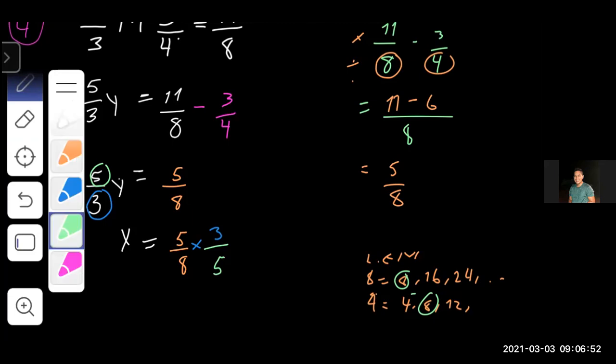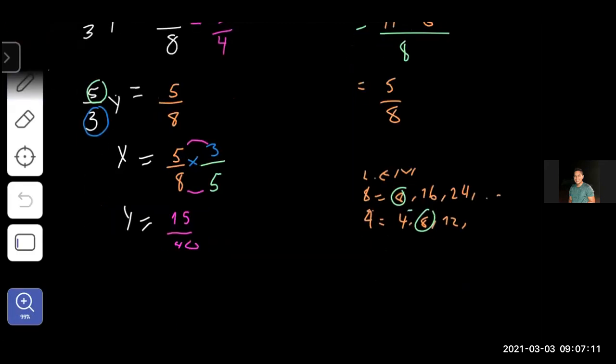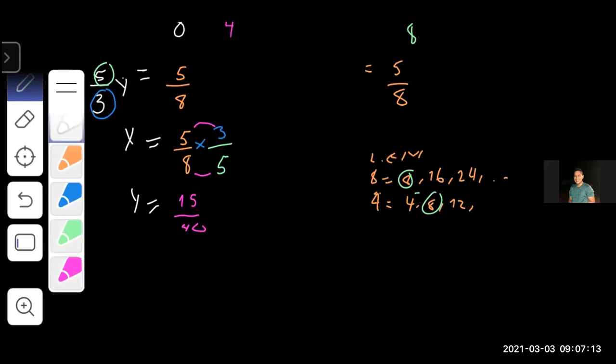And then, guys, let's solve that. y is going to be equal to, how do we multiply this, guys? Numerators and numerators. 5 times 3 is 15. And 8 times 5 is 40, right? You can simplify this, guys, but let's see if we can simplify that. y is equal to 3/8.